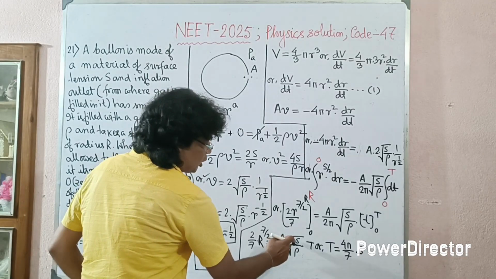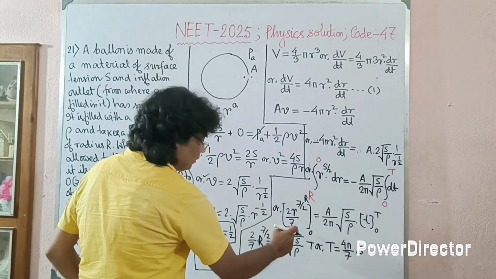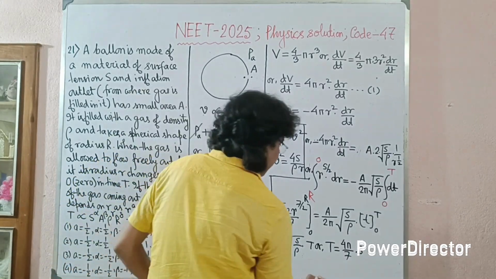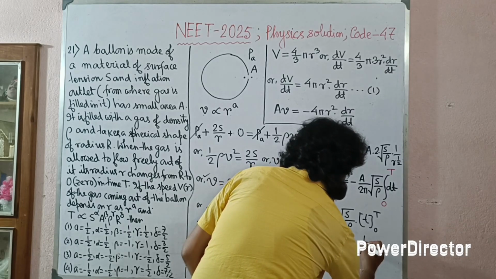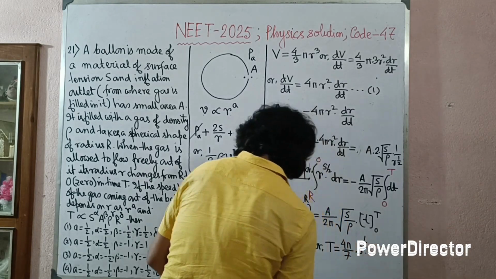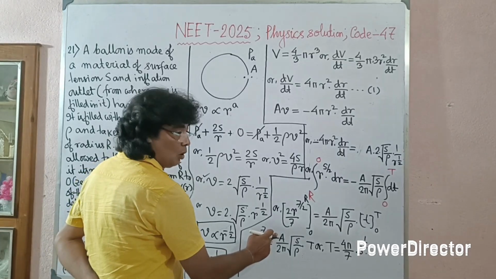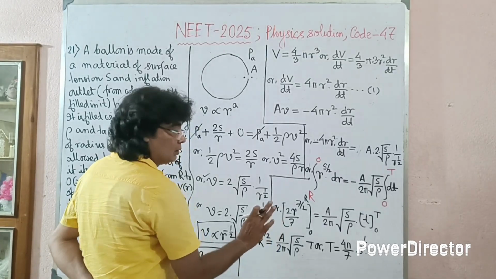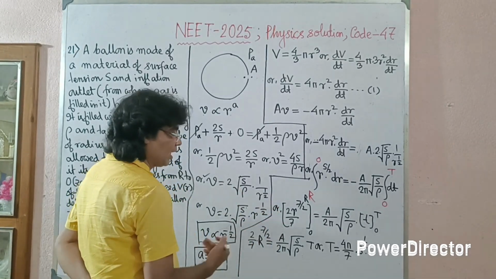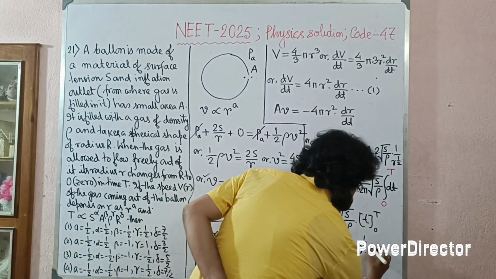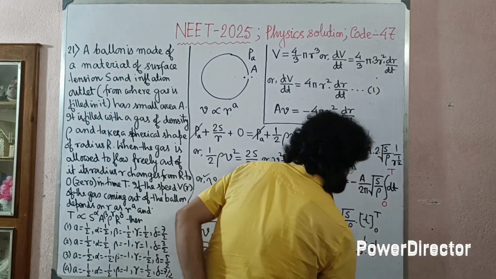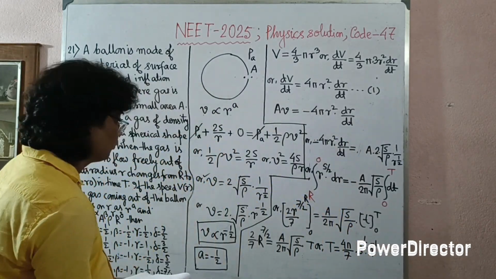Here s to the power half becomes s to the power minus half. Here a, what is the power of a? 1. Now it becomes a to the power minus 1.